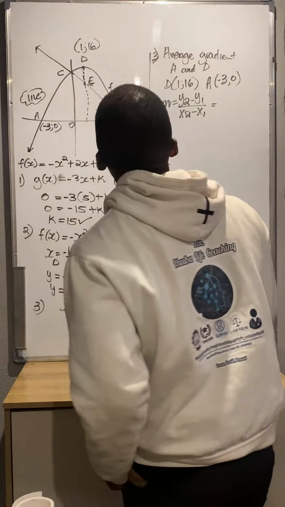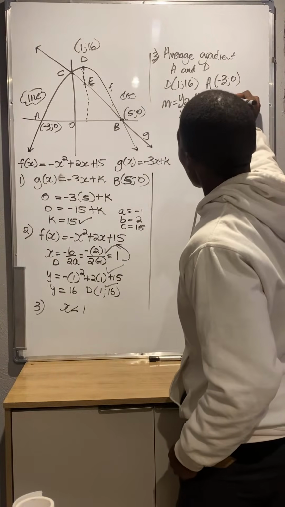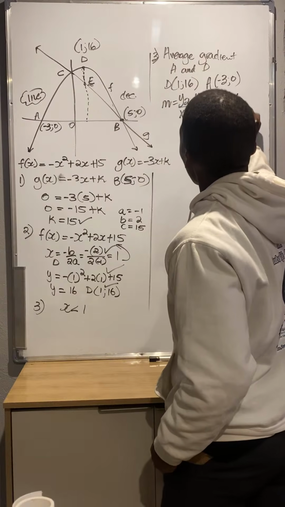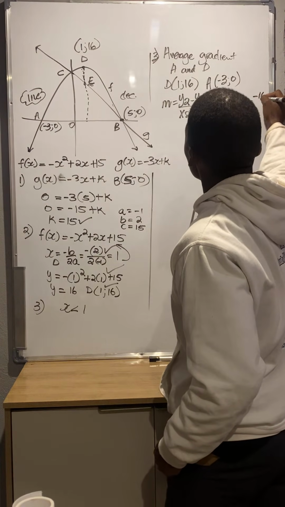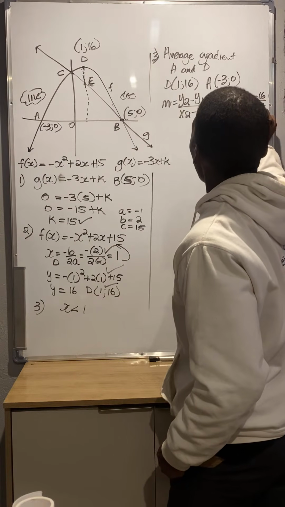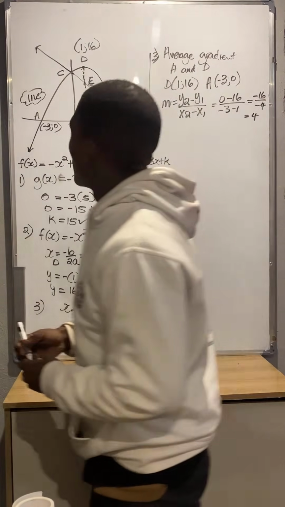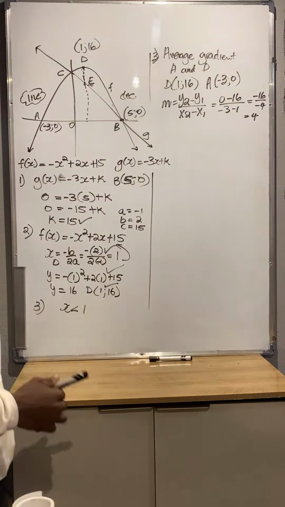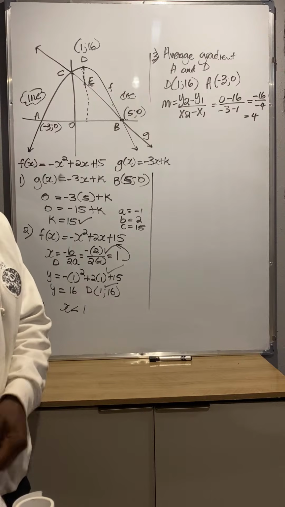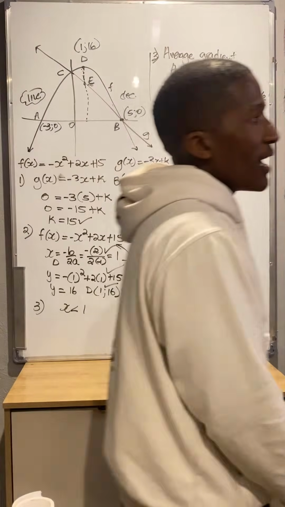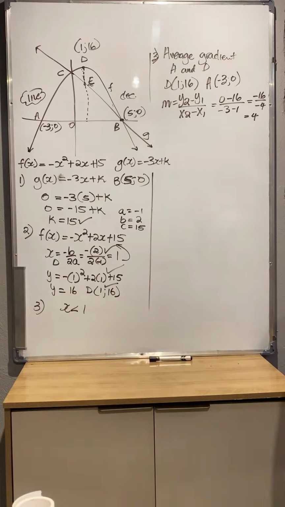It's going to be 0 minus 16 over negative 3 minus 1, which is negative 16 over negative 4. The answer is 4. So the average gradient of A and D is 4.